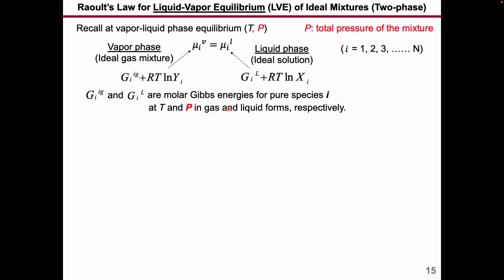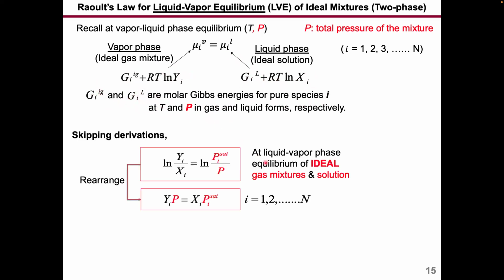Then you plug in, and G i G and G i L are the molar Gibbs energies for pure species i at temperature T and system pressure. One is in the gas form, the other is in the liquid form. If we skip a lot of derivations, the difference between the Gibbs free energy in the liquid and the Gibbs free energy in the gas is actually related to the saturation pressure, basically the vapor pressure, P i saturation.